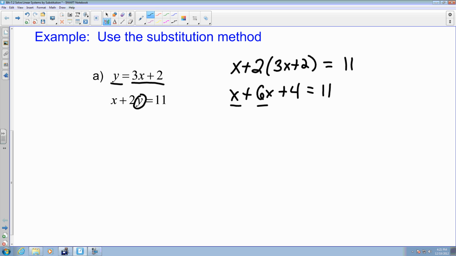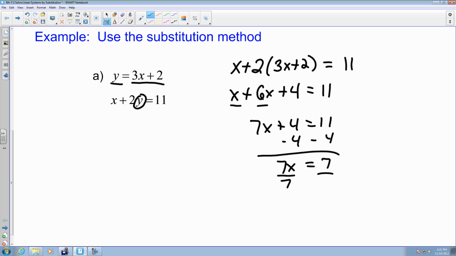I have an x and I got 6x. That leaves me with 7x plus 4 equals 11. Subtract both sides by 4. Gives me 7x on the left-hand side and 7 on the right. Dividing both sides by 7, I get x equals 1. So that is my result for my first variable, x equals 1.